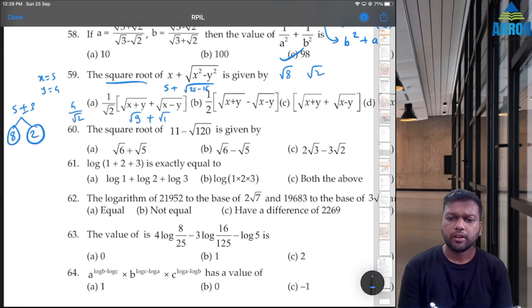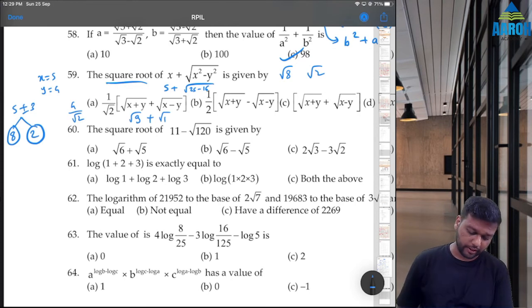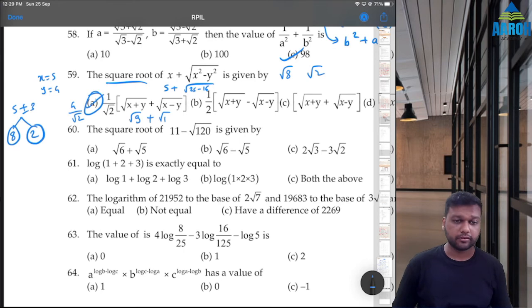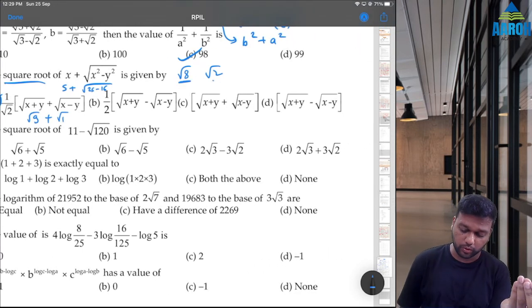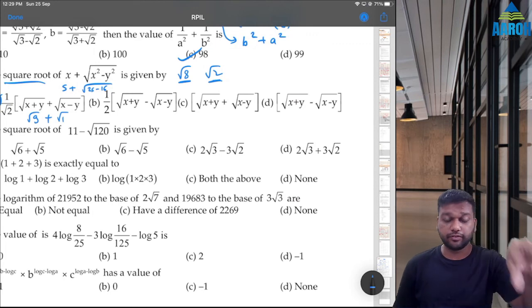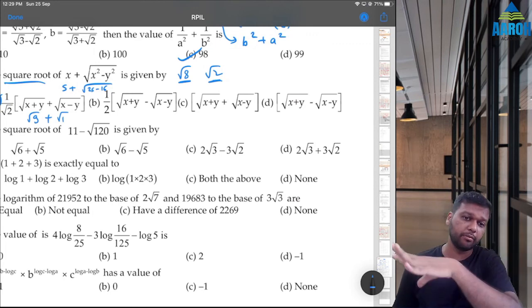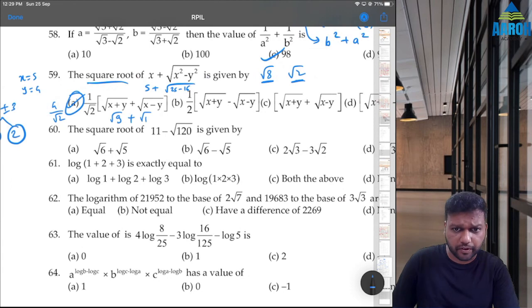If you take the square of that, you get 8. So that means A is the correct answer. But there can be multiple correct answers also, because we have two forms of the question using plus sign and minus sign. But A is the correct answer for 59. So most probably A is going to be our final answer.